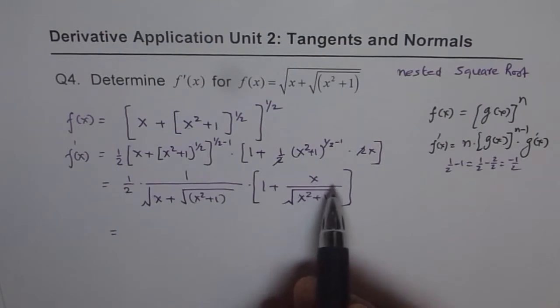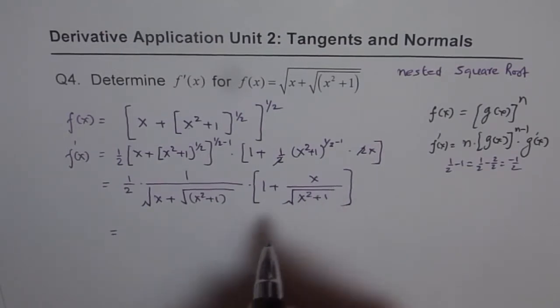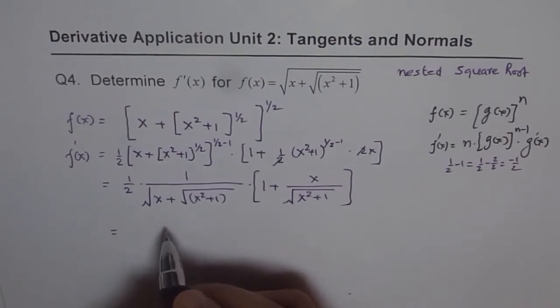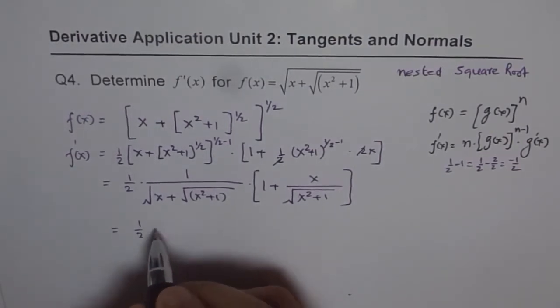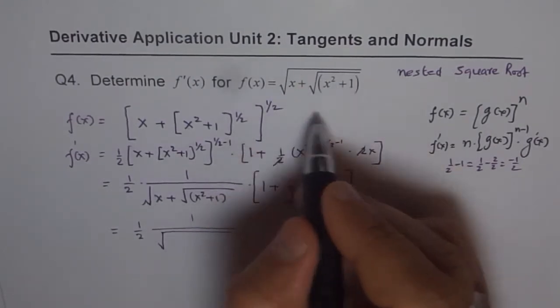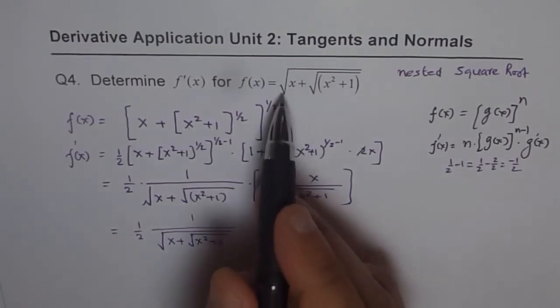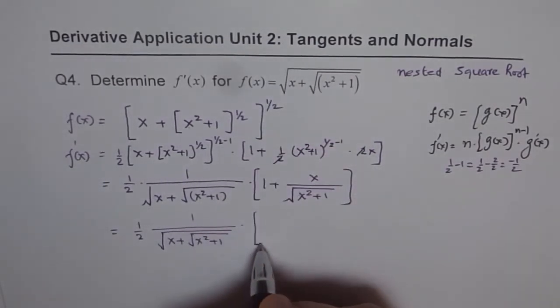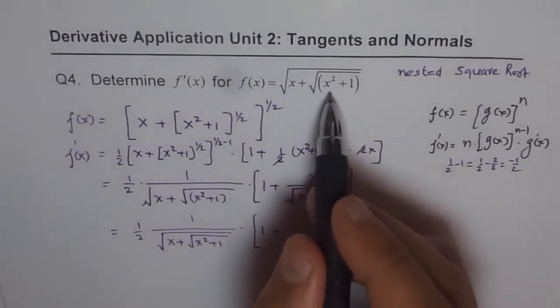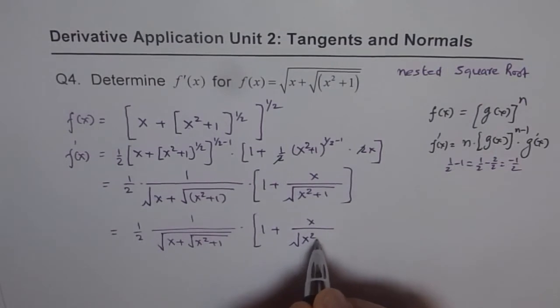There's no point multiplying it because you can't do much simplification at that stage, right? So we'll just write this as the same thing. So we have 1 over 2 times the square root of the whole function, which is x plus square root of x squared plus 1, times the derivative of all this, which is 1 plus this inside function, which is x over square root of x squared plus 1.